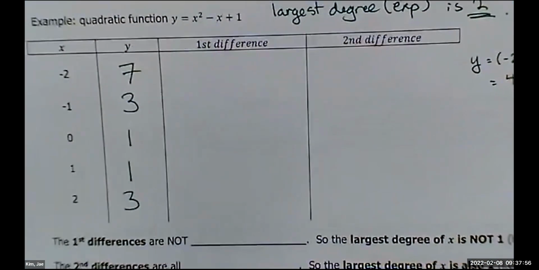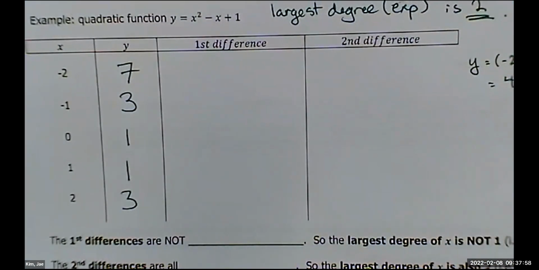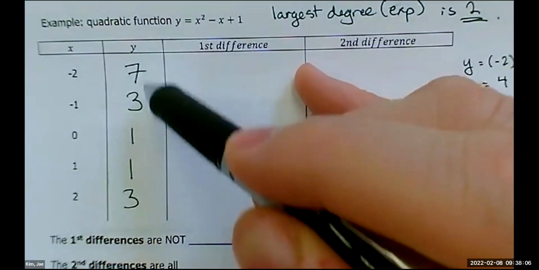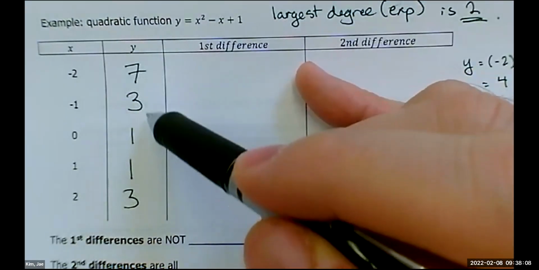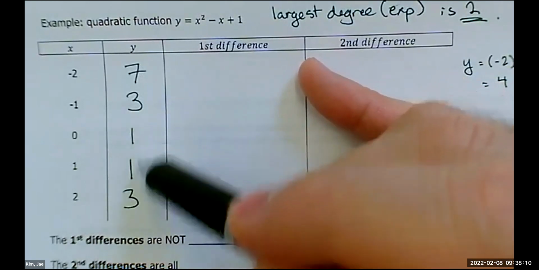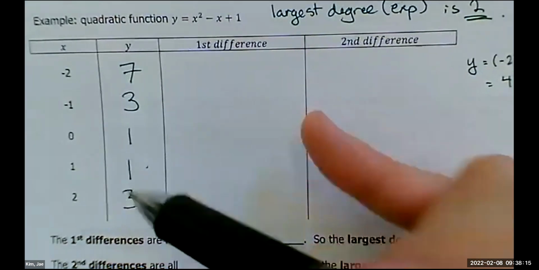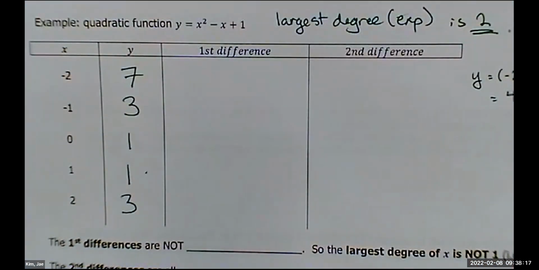Okay. Do you see a pattern with this? It looks a little funny, doesn't it? Just a little bit. Jen? Well, sort of, but careful. 7 to 3, I actually subtracted 4, and then I subtracted 2, and then nothing changed, and then add 2? What?